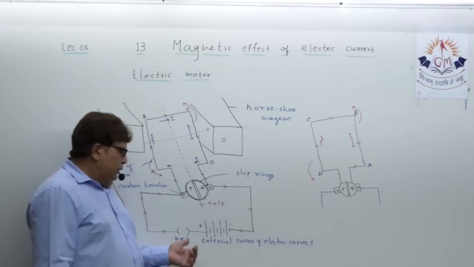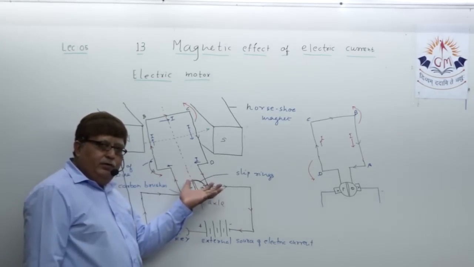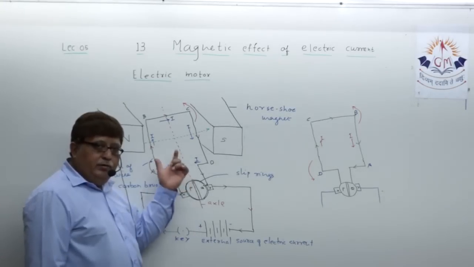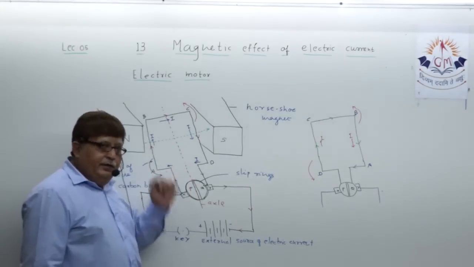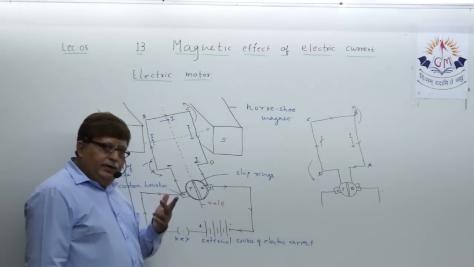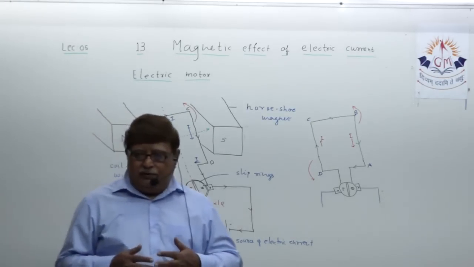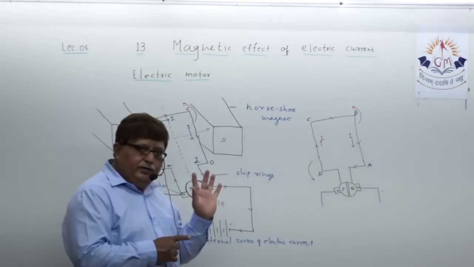Working: when we switch on, the electric current starts flowing in the circuit. Then you have to explain about the edges. Your narrative has to be that inside the coil of wire ABCD, two ends are going to be affected, AB and CD, where the direction of electric current is perpendicular to the magnetic field.